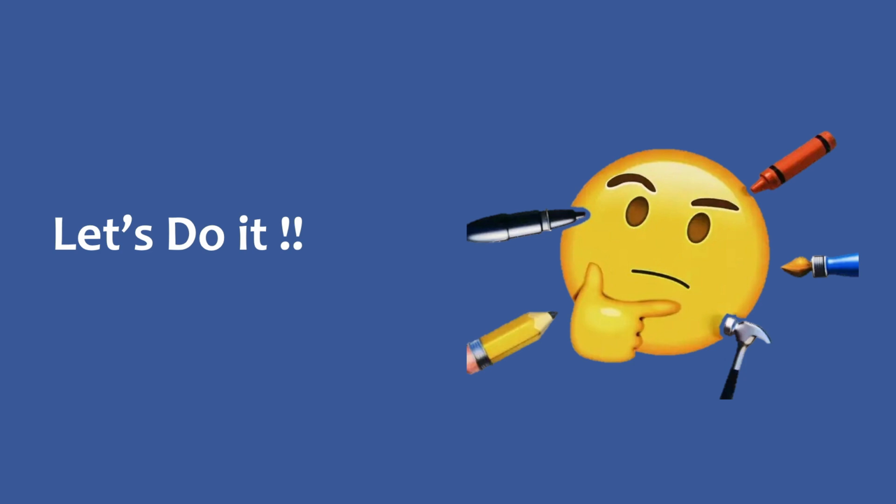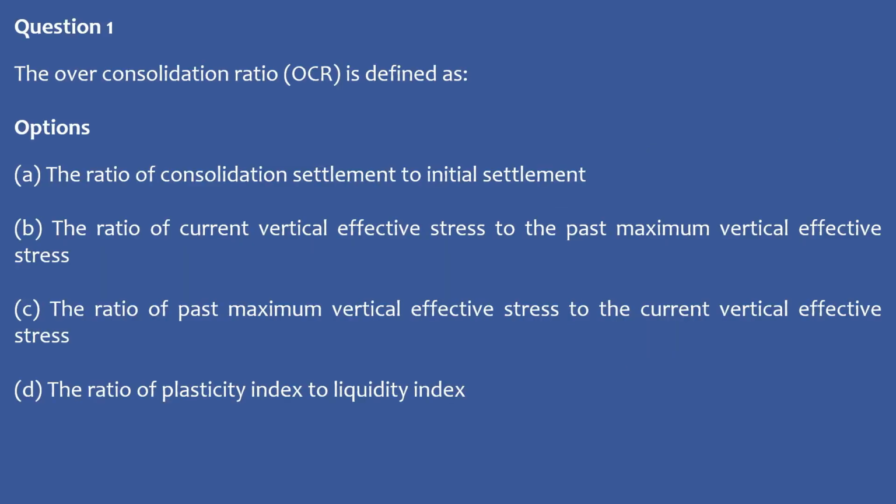This week's topics are particularly meant to address questions related to that. So let's start. Here is the first question for you. Among all these four options, you need to analyze how the over consolidation ratio is defined.